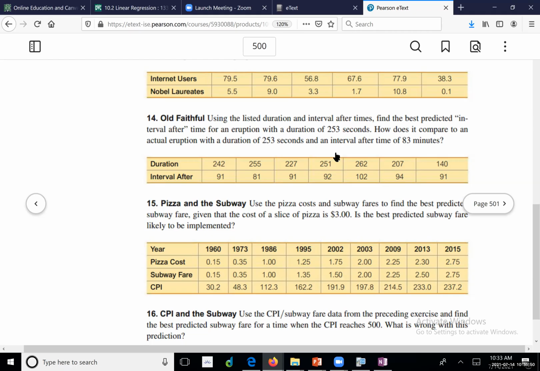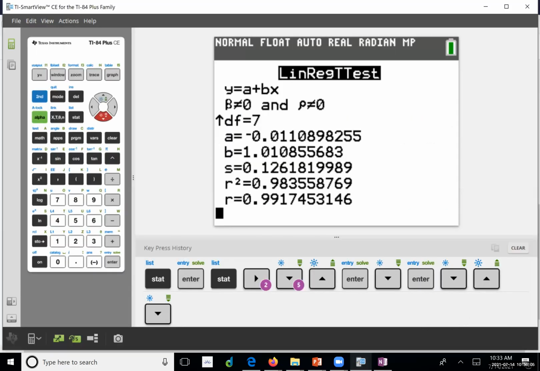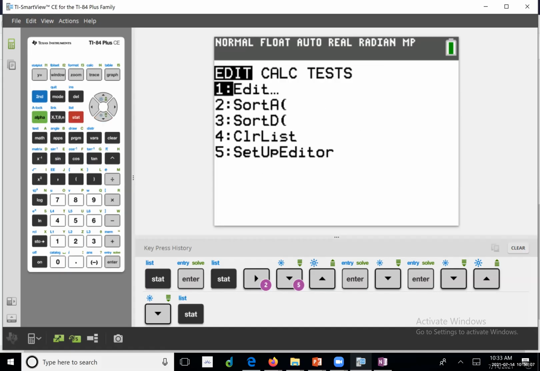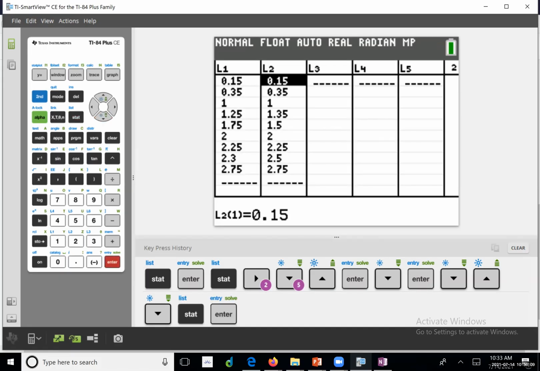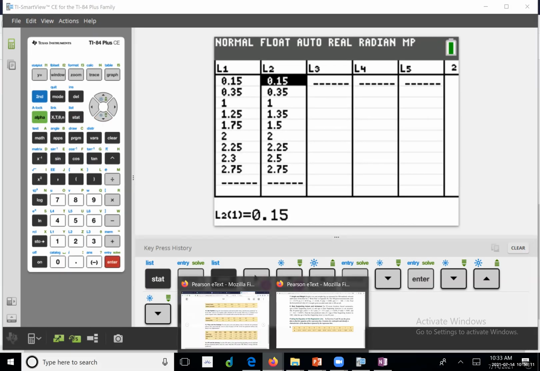Old Faithful, let's do number 14. Or I think in L1 and L2, do we already have number 15? Let's see. What do we have in our L1 and L2 right now? Yeah, so let's do number 15 first.